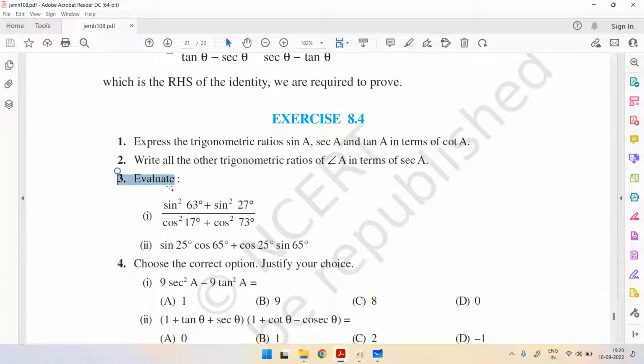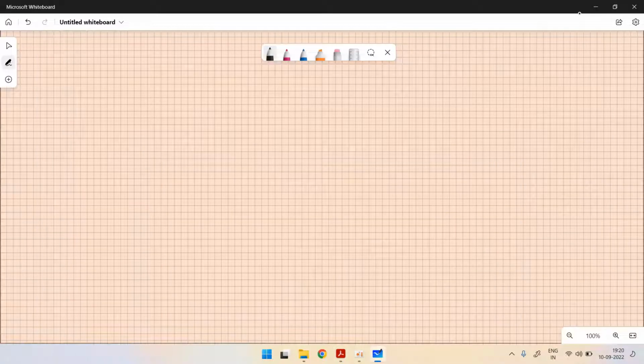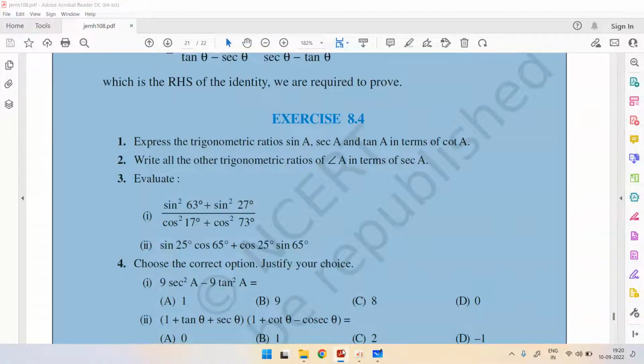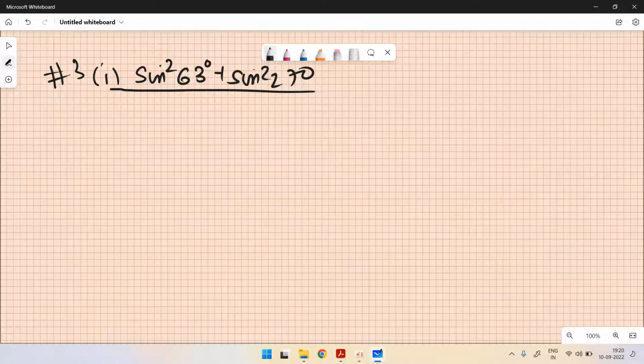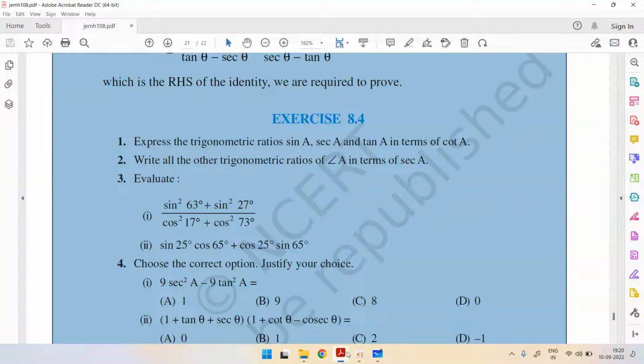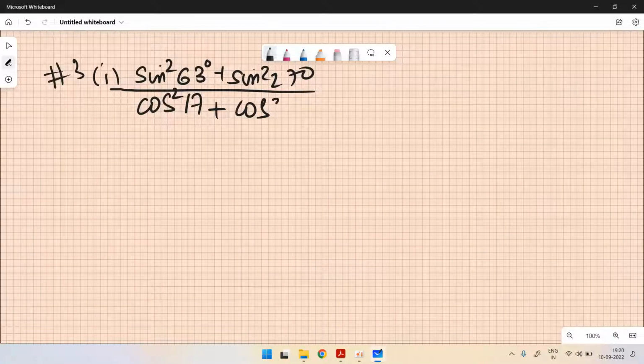Now next is the third question, first part. Evaluate this: sine square 63 degree plus sine square 27 degree, by cos square 17 degree plus cos square 73 degree.